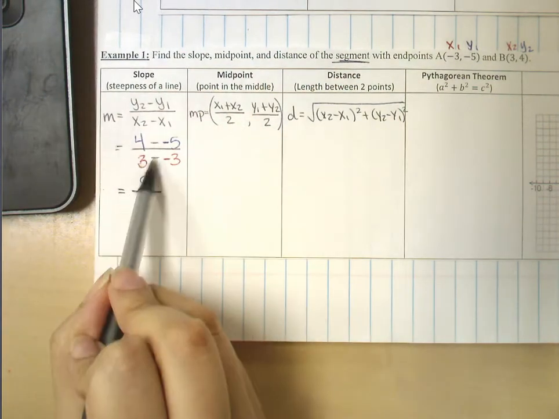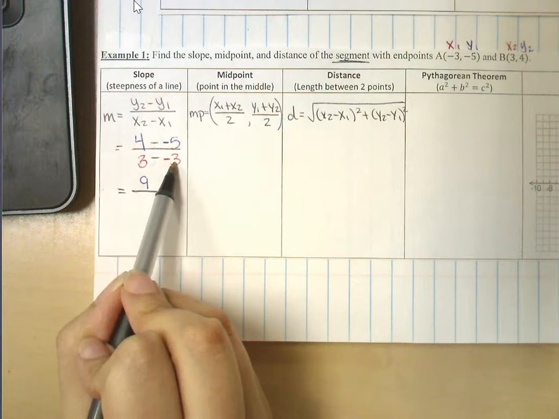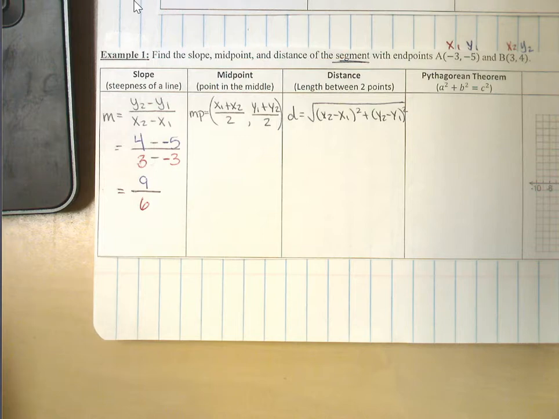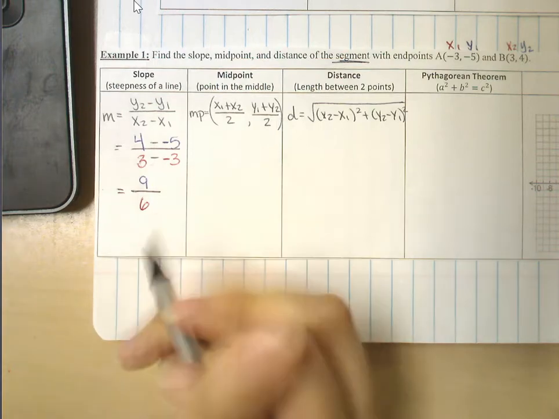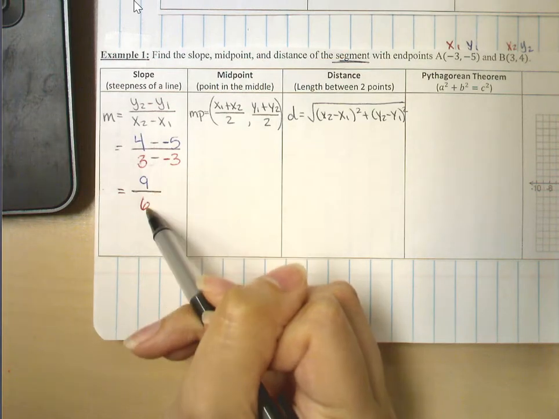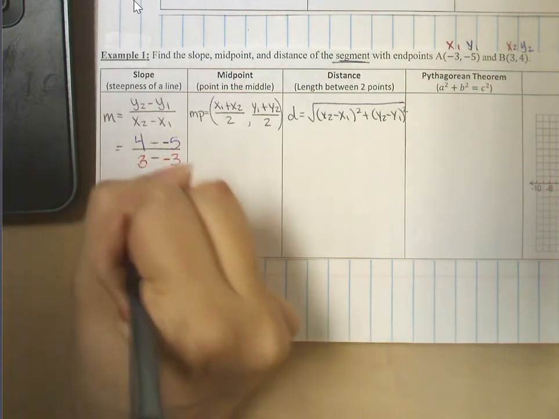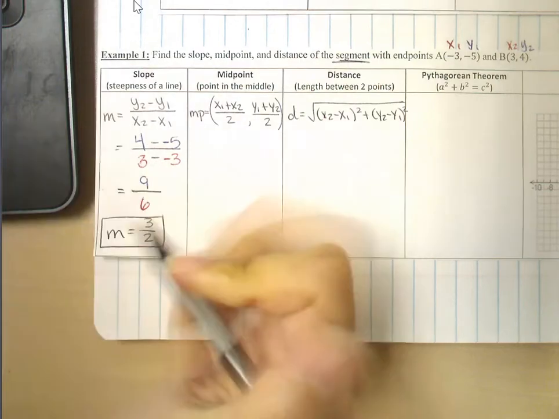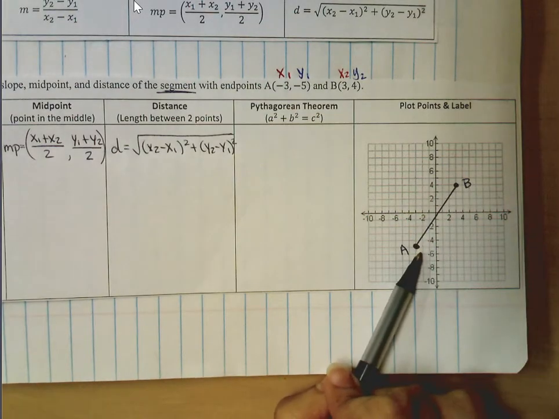And 3 minus -3 is gonna give me 6. Almost there. Now I just have to divide. 9 divided by 6, and that's gonna simplify to 3/2. So my slope for this line is 3/2.